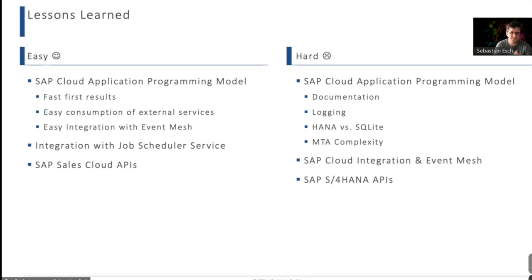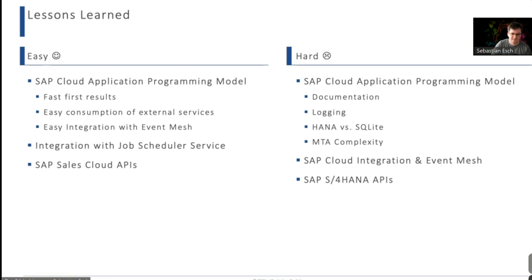So we had to figure out, and there is, I think, somewhere a blog post that talks about double and triple quoting those parameters. And then it finally worked. The Sales Cloud API is pretty easy to use in comparison to the very structured, but therefore harder to understand for people that are not that familiar with it, S4 APIs.